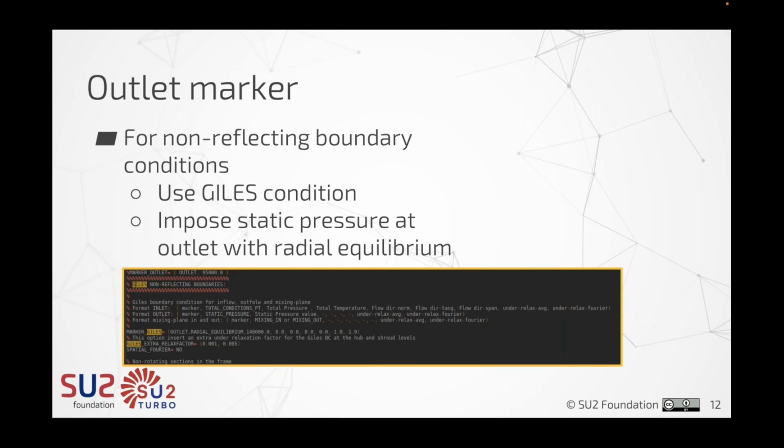And since there was no reflection, I put spatial Fourier as no, but I am going to do a series of cases, compare the isolines with spatial Fourier with yes, just to see the difference. And then the Giles extra relaxation factor, I will touch upon, it's in the appendix.